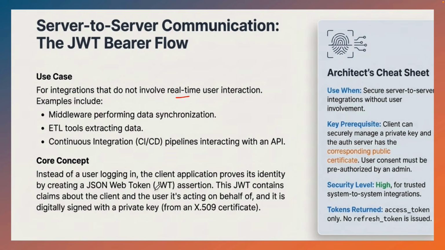But this JWT contains the claims, whatever information about the client and the user it's acting on behalf of, and it is digitally signed with a private key. I have explained all these things in detail in my JWT flow video, how the claim will be signed, how the token can be requested, and finally how the response can be derived out of it. This is the core concept of the JWT bearer flow.